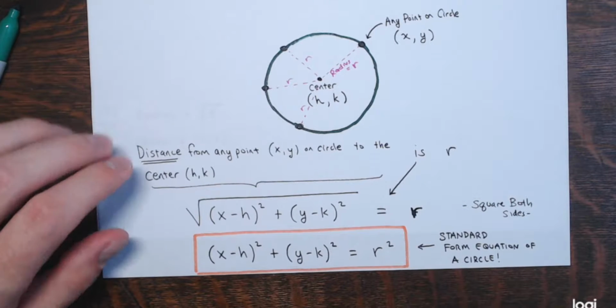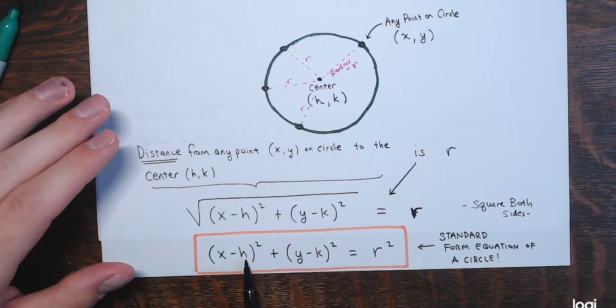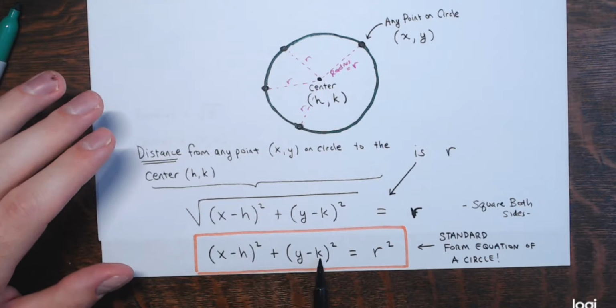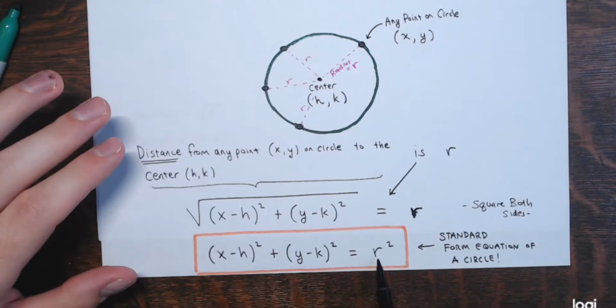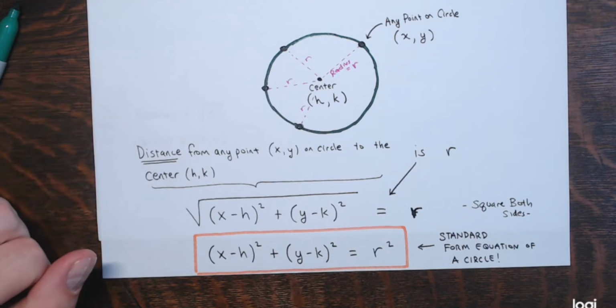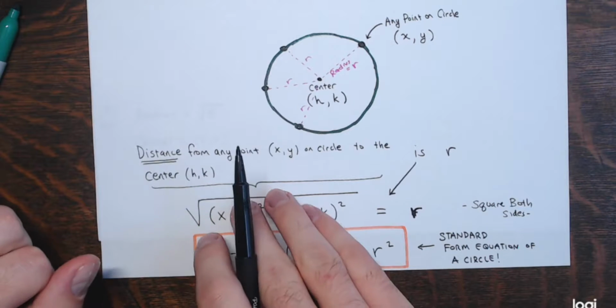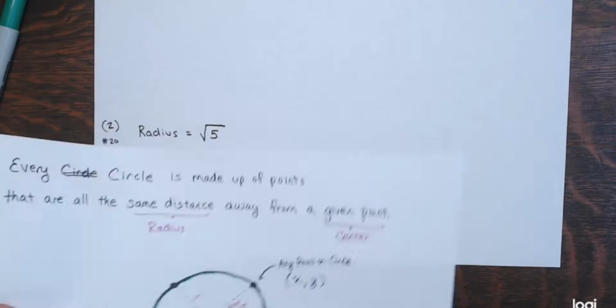Okay, where once again h is the x-coordinate of the center, k is the y-coordinate of the center, and r is the radius. And I'm just going to keep referring back to this throughout the problem, right? Throughout the video.